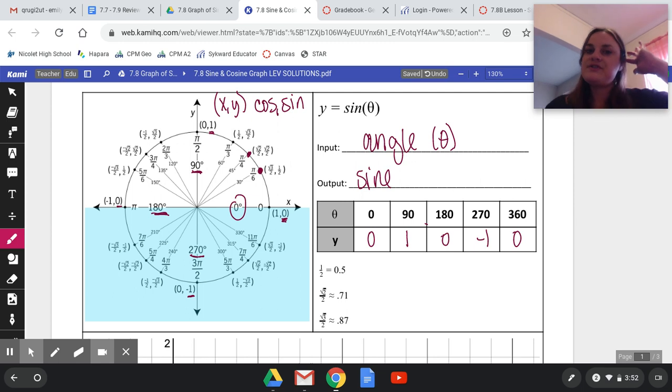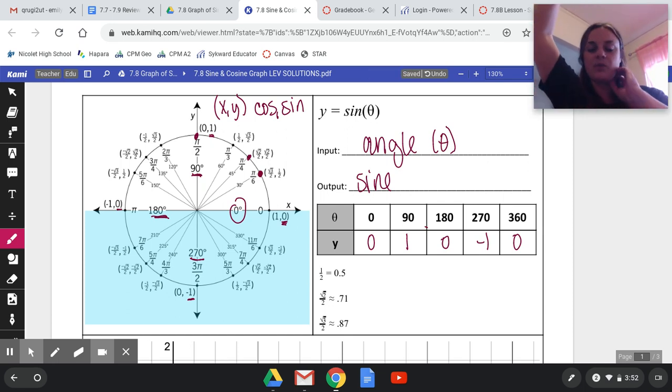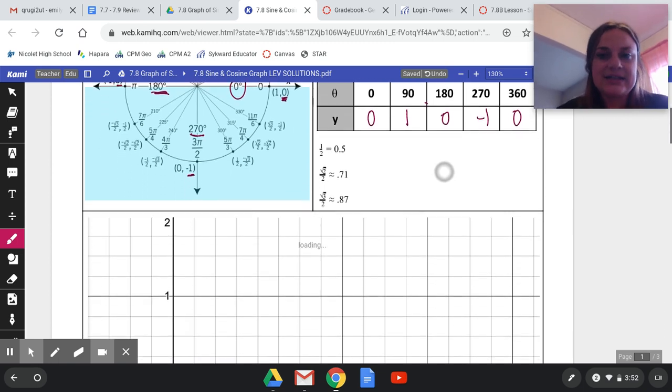So basically, at the start, when you get onto the Ferris wheel, you're 0 units off the ground. You're starting on the ground. At 90 degrees, when your carriage is all the way at the tippy top, you're 1 unit above the ground. And then at -1, you're 1 unit below the ground. The x-axis, again, is the ground.